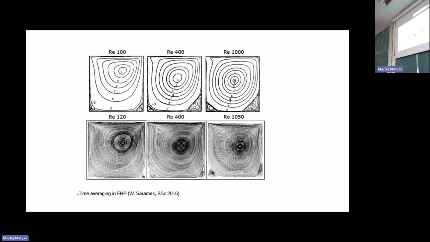It was not perfect, so that's maybe why I didn't start writing a paper about it, because I was wondering why here it is like this and here like that. We see some subtle differences, but she captured the main vortices and the main differences for the Reynolds numbers.